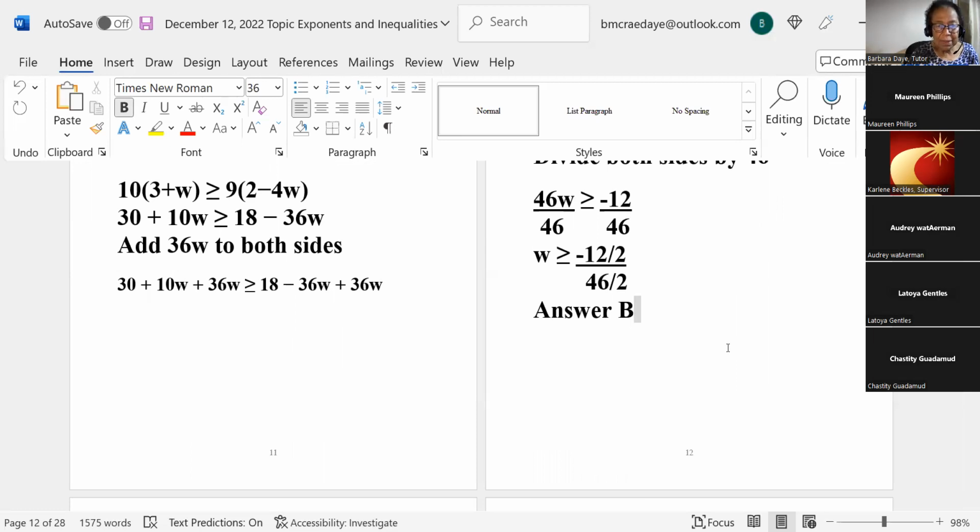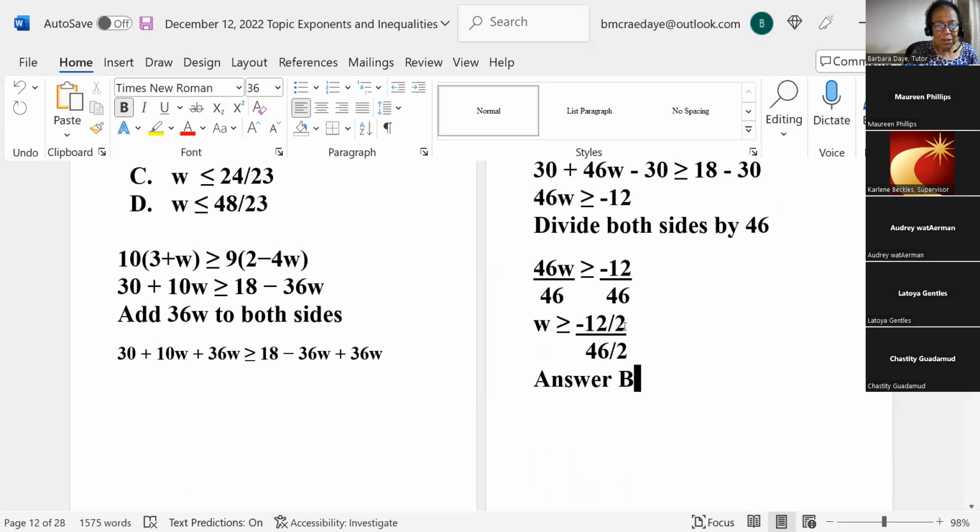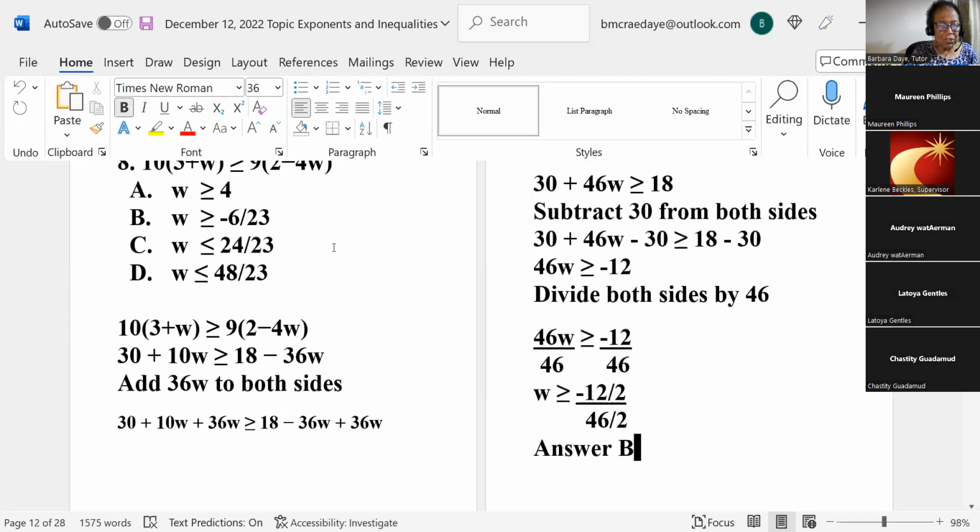Maureen, probably say divide both sides by 46 in that last part. Yeah, when you get the minus 12 over 46, but you look at your answers, you don't see a 46 denominator, but 23 is half of 46 and 6 is half of 12.